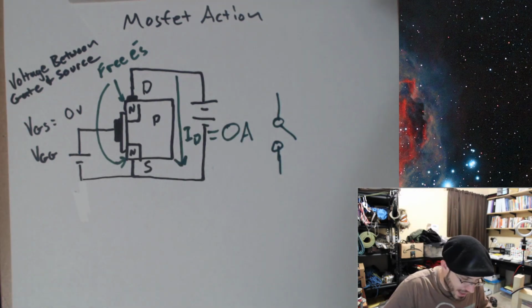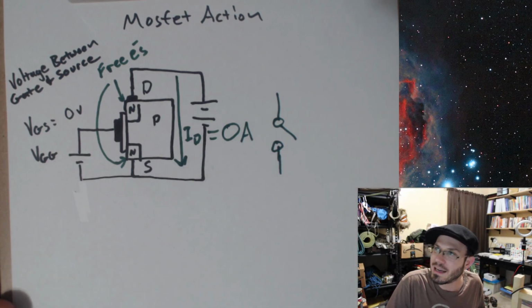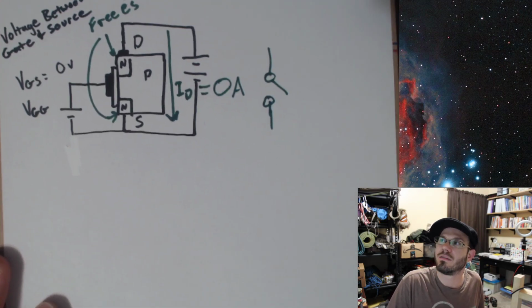Now, if we go ahead and draw this same thing, but bump up the voltage that's being applied to the gate, something interesting is going to start happening.